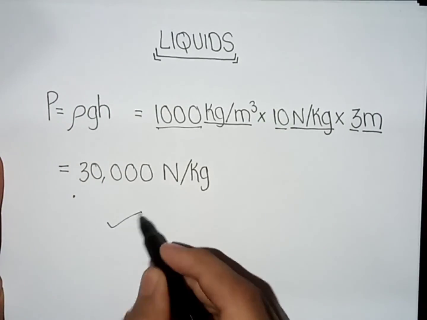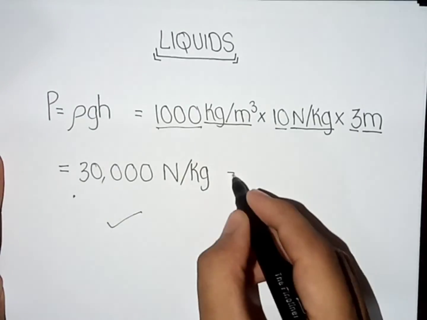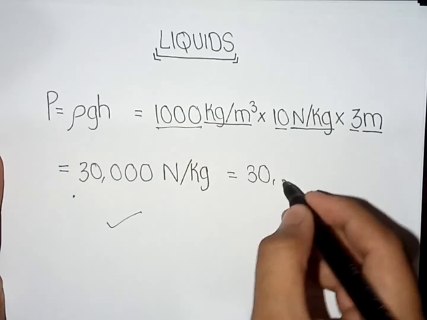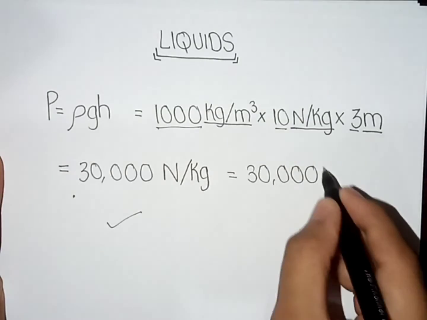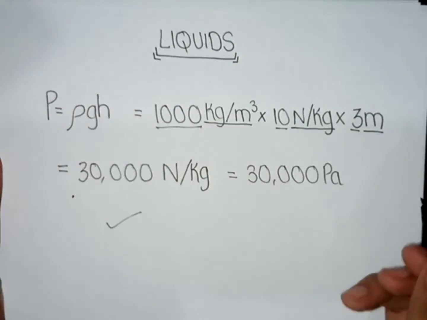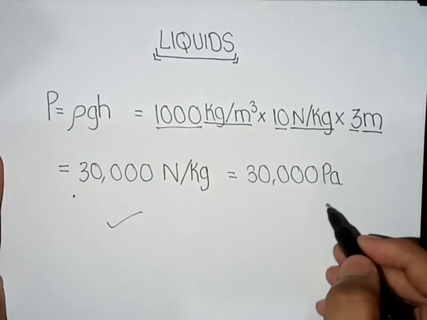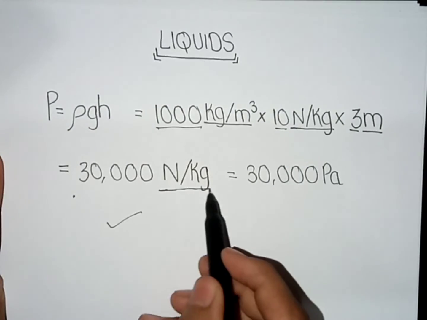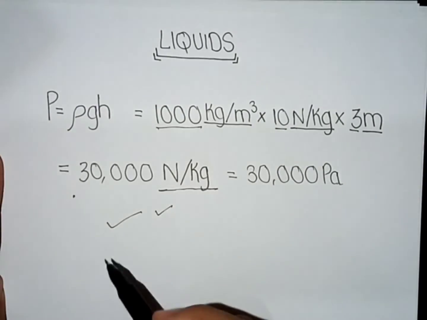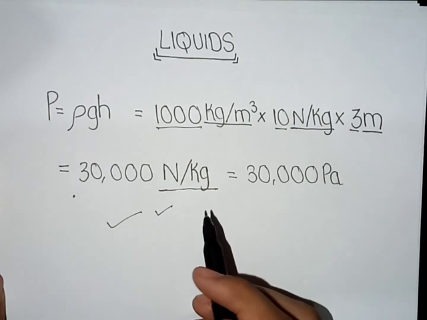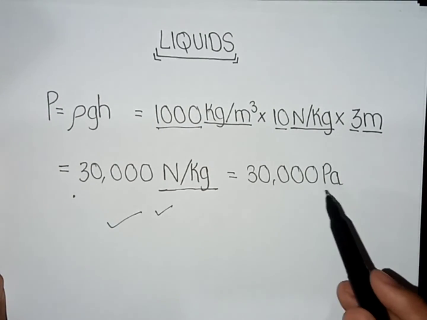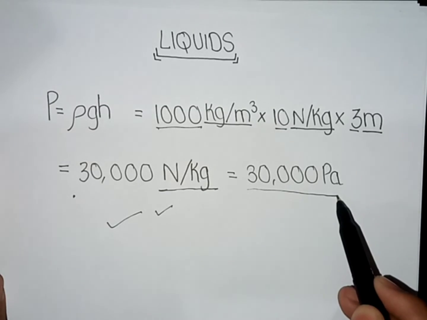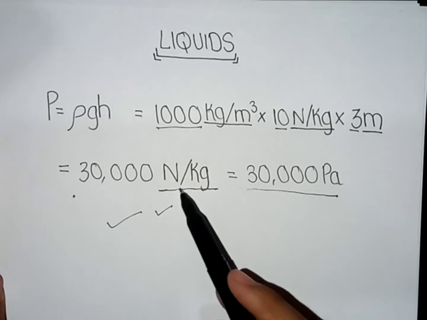It's not a problem, but I will always force you to write the answer in pascals, because the pascal is the SI unit of pressure of solid, liquid and gas. If you write in this form, it is also acceptable, meaning the examiner will not cut the mark, obviously, but I think you need to write in the proper manner, pascal, while the other is also a reliable and correct answer.